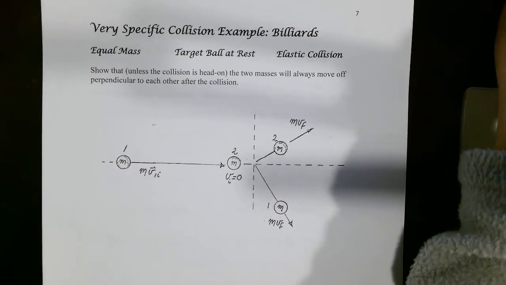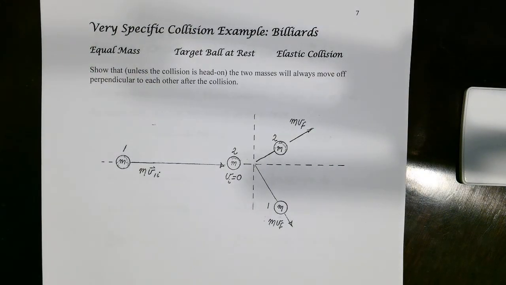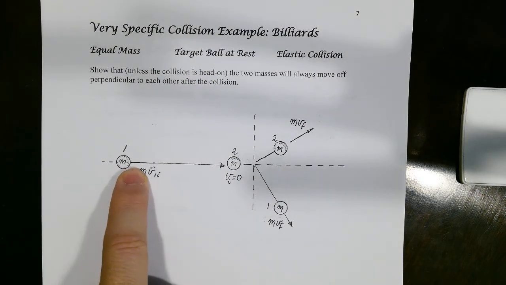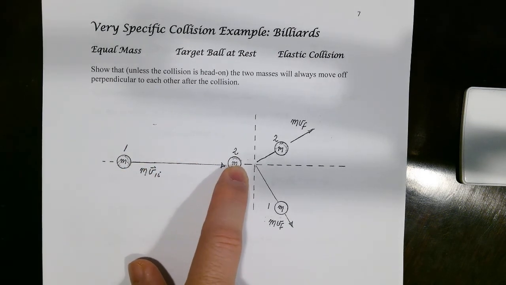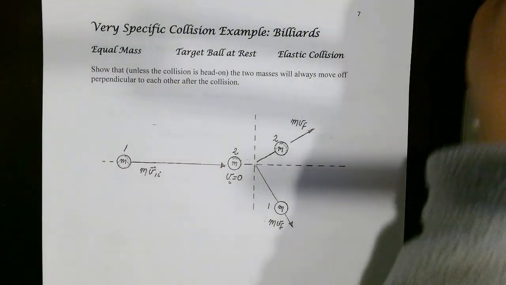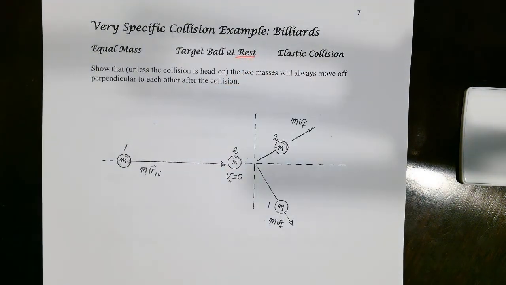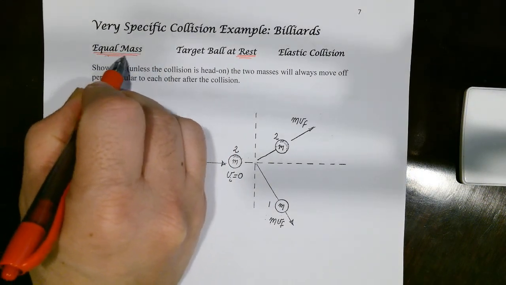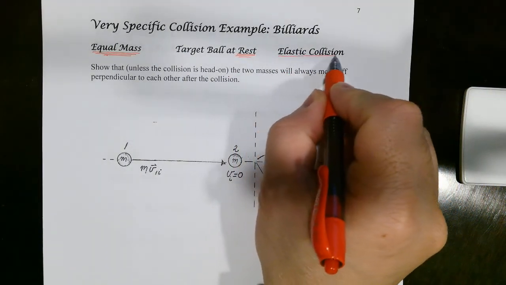If you were to strike a cue ball with a cue stick and then let the cue ball hit a target ball that's at rest, it's important to understand that this target ball is at rest. And they're equal masses. And they also tell you that it is an elastic collision.